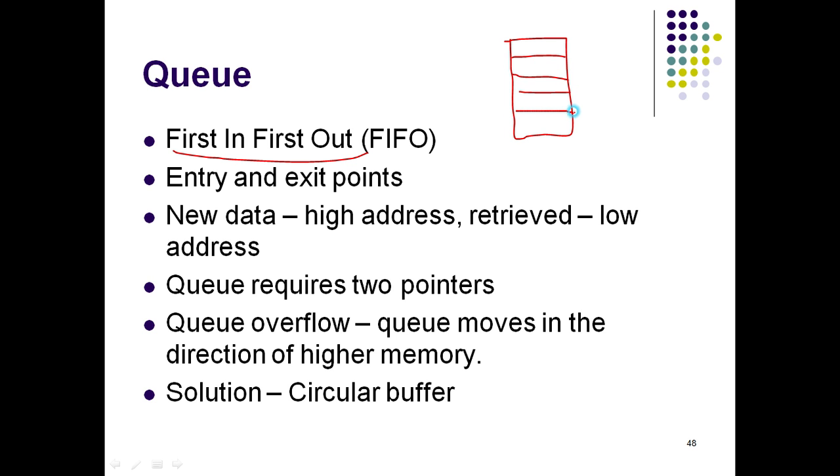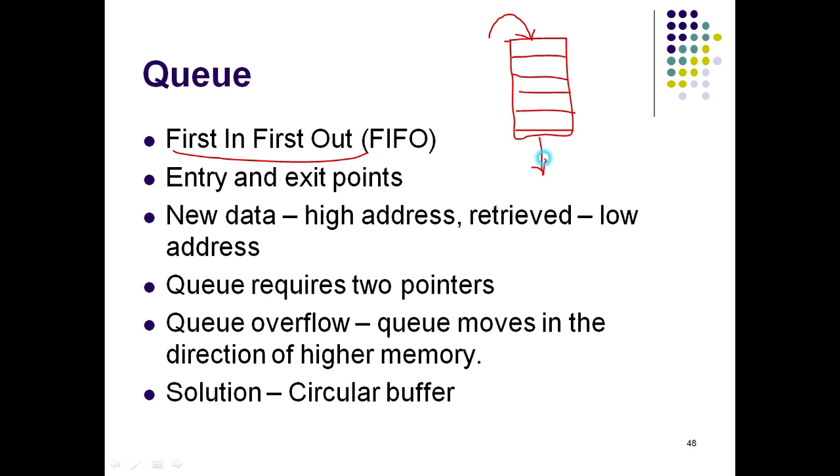What was happening in the stack? You are entering like this. This was my entry point. What was the exit point? The exit point was also here only, something like this. But what would happen in your queue? In your queue, when you enter like this, if you want to exit, you would be exiting from here.